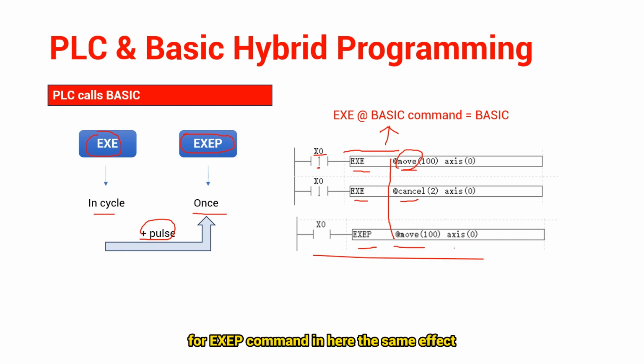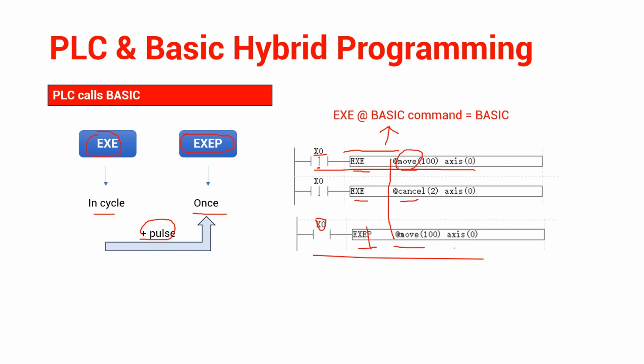For EXEP command in here, the same effect, but if it is EXE, when x0 is conducted, move will execute in cycle. It may cause blocking. Therefore, please note the pulse contactor points. For this, x0 pulse triggers. For this, EXEP pulse triggers.